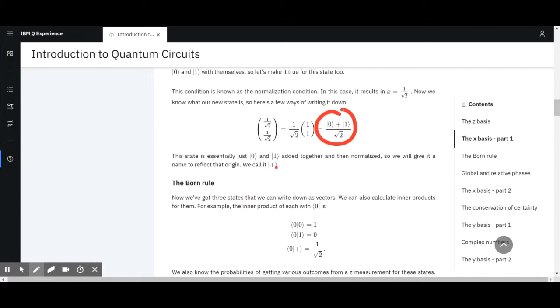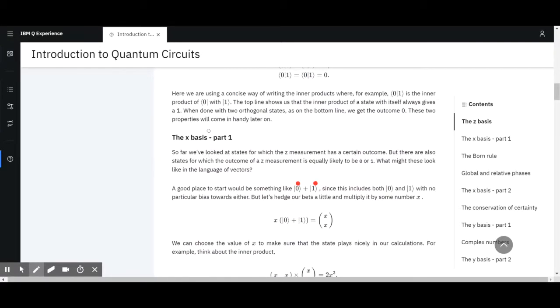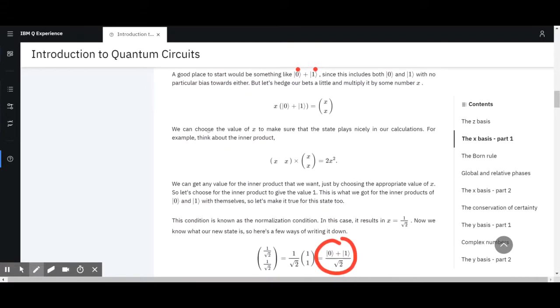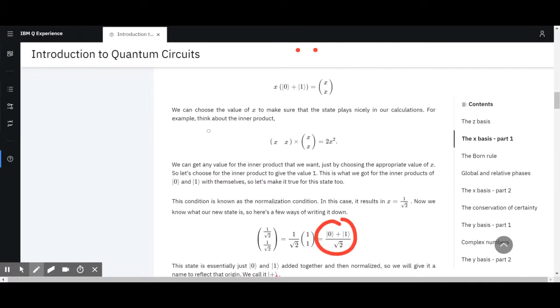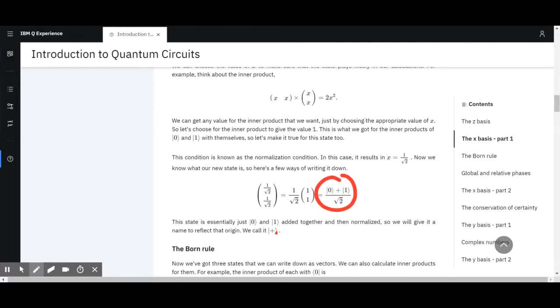Maybe I should go through all of it in detail, but the basics here are that this is a condition. Okay, so let's choose for the inner product to give the value 1.